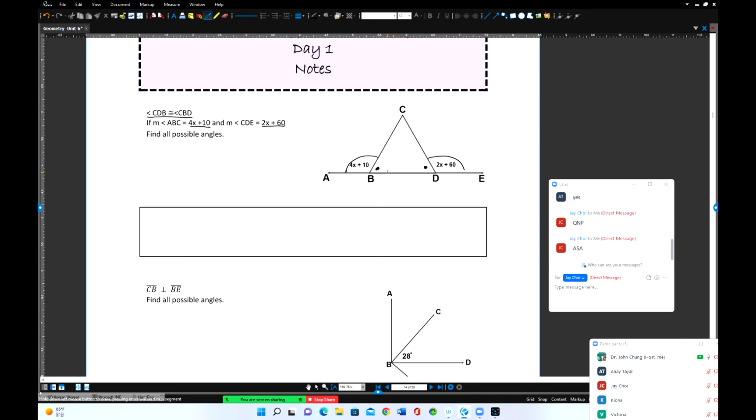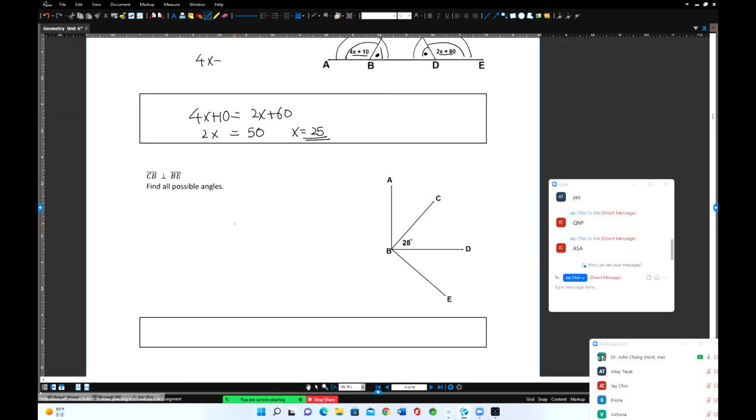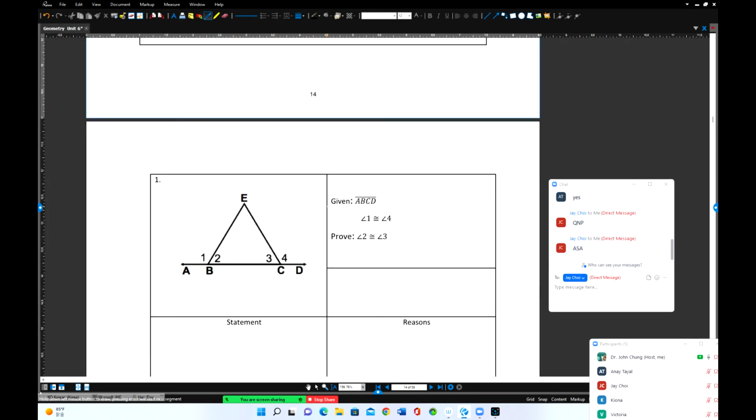All together this is a supplementary angle, but this is congruent. The other supplements are still congruent. That's our rule, right? Using that rule, you can find the value of x. 4x plus 10, the supplement of this angle, must equal 2x plus 60. Minus 2x, minus 10, x equals 25 degrees. That's fine.